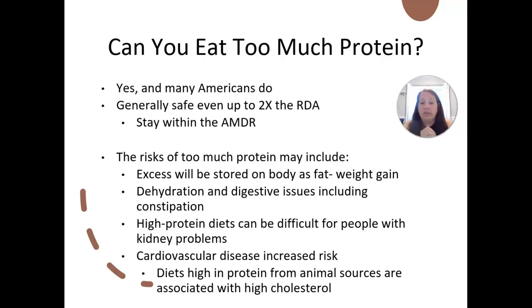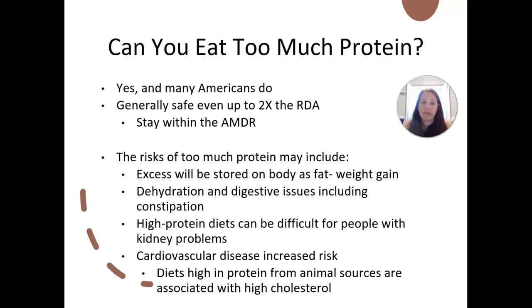So it will turn into either carbohydrates and become glycogen, or it will be turned into fat. Excess protein, just like an excess of any other macromolecule, will lead to weight gain. So you really want to stay within those levels.